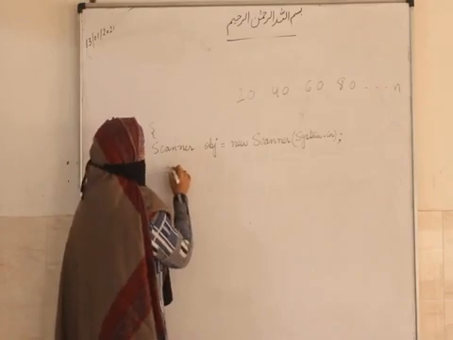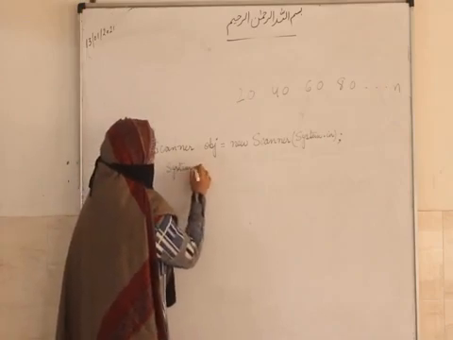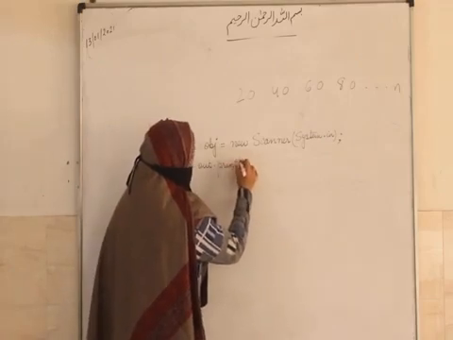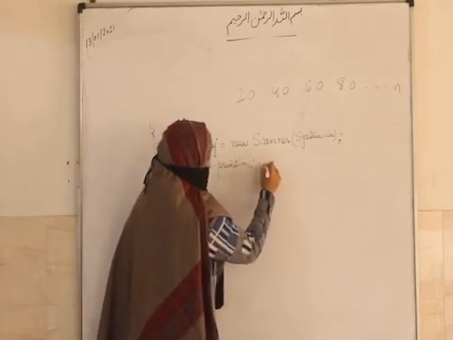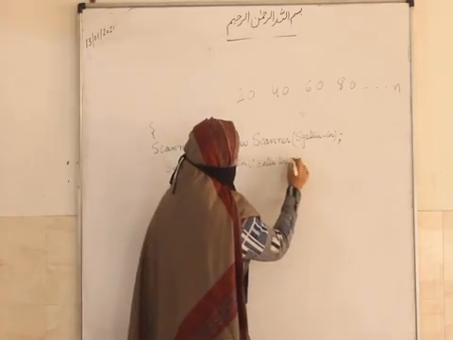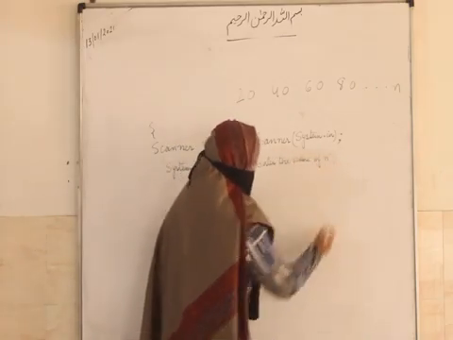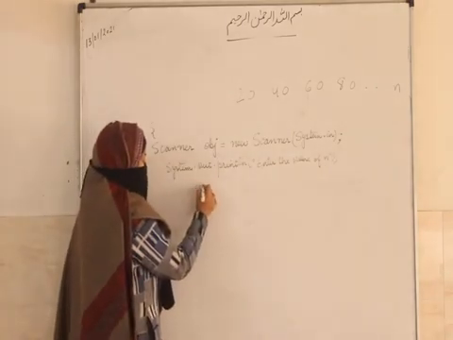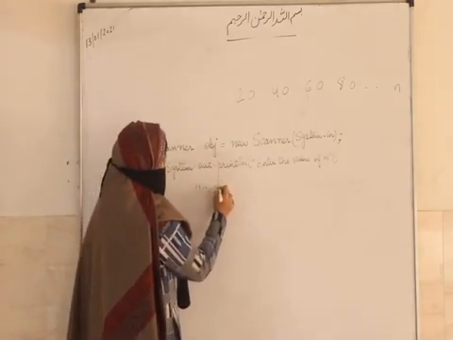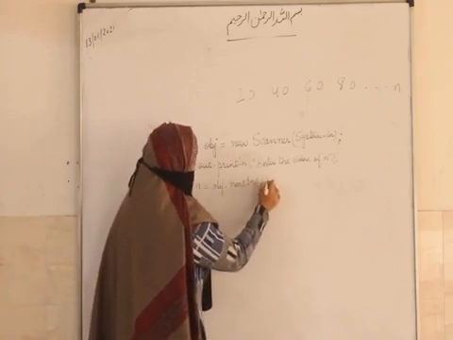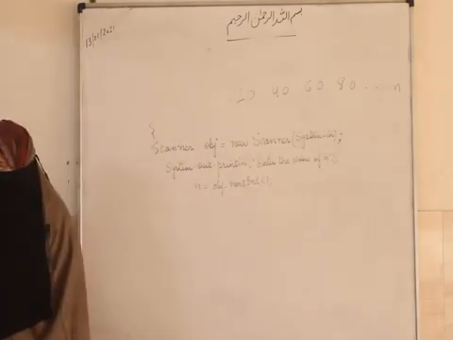So we will give a message. Then we will write n equal to obj.nextInt. We have taken the value from the user.